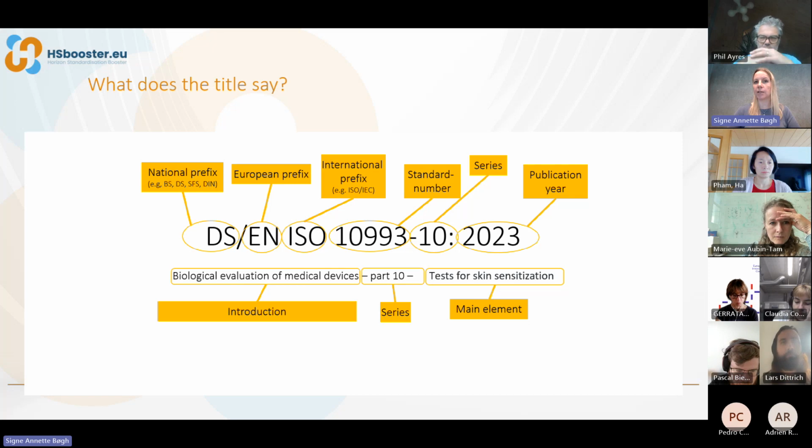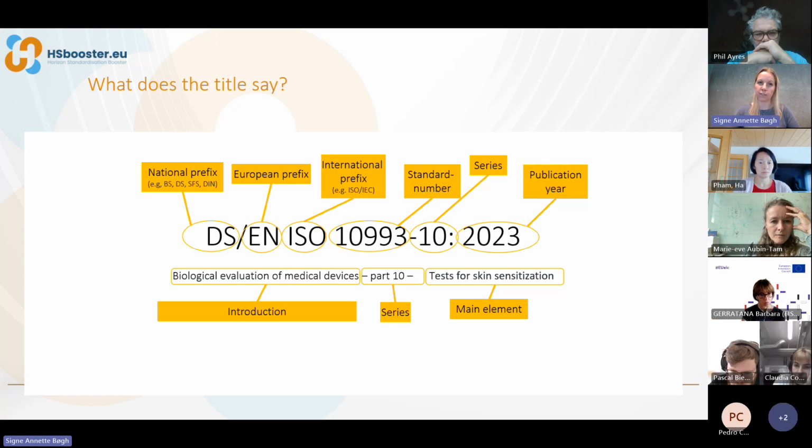That basically means that we have put in a front cover in the national language, and we have made it available in the Danish web shop for standards. If, for example, you were in the UK, it would say BS. If you were in Finland, it would say SFS. And if you were in Germany, it would say DIN, and so on. Each country has their own national prefix.